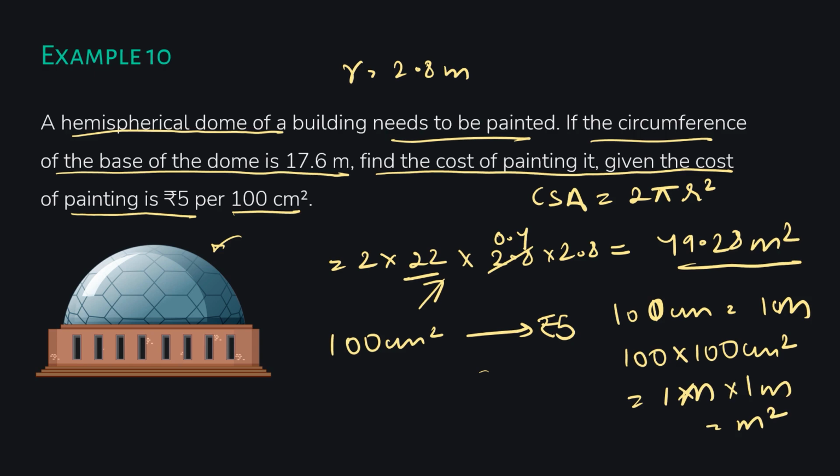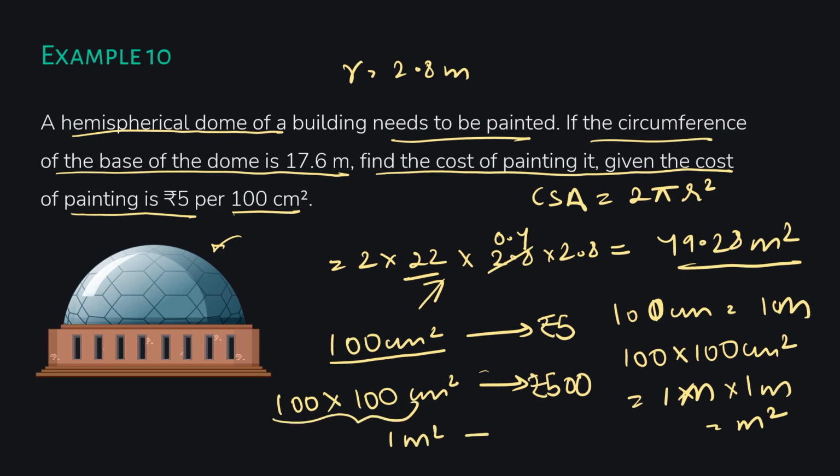So here if 100 centimeter square is given, to convert it to meter, we have to do 100 into 100 centimeter square, which will give us 500 rupees, and this will be converted into 1 meter square is equal to 500 rupees, right? So to paint 1 meter square, we have to pay 500 rupees.